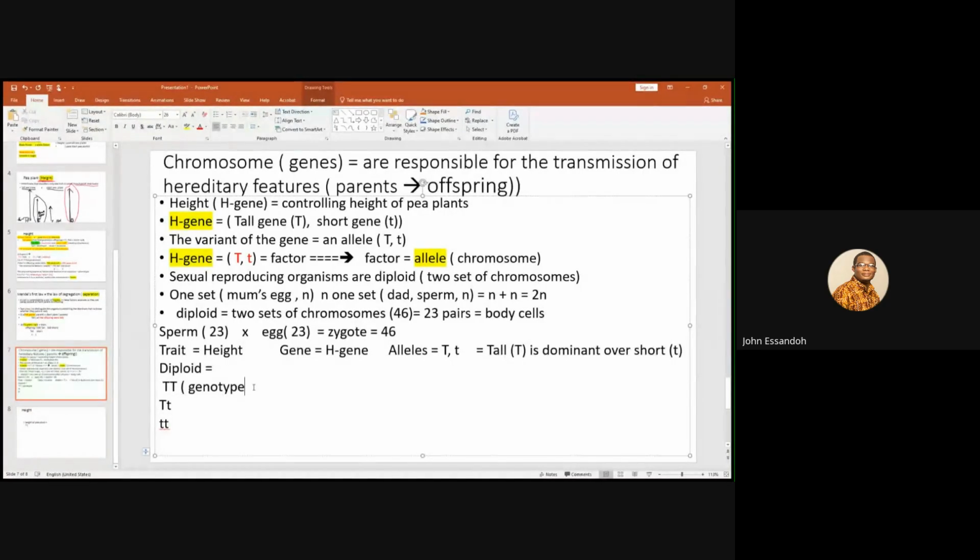So what is genotype? Genotype is the genetic composition of an organism.